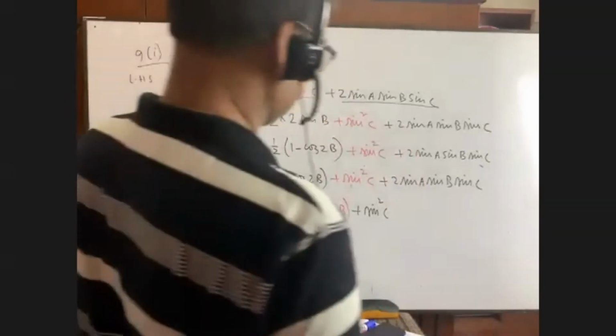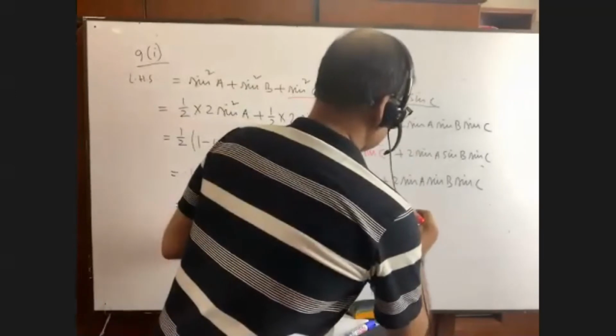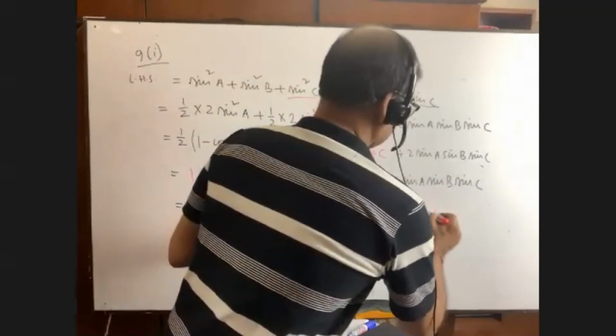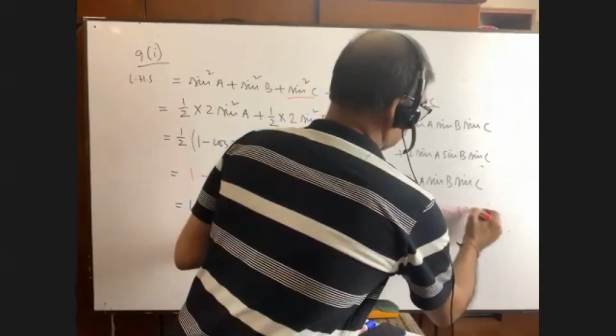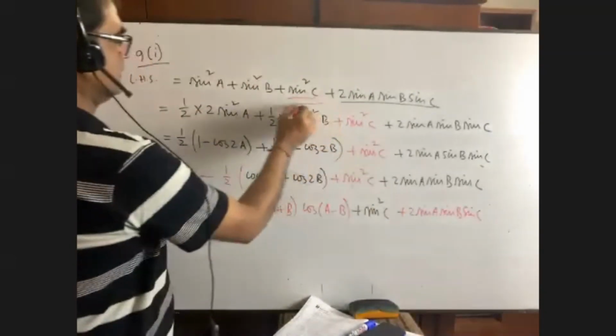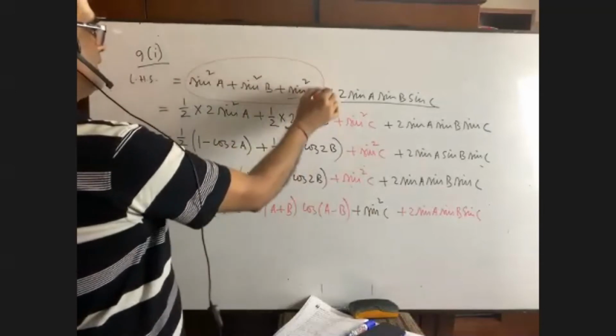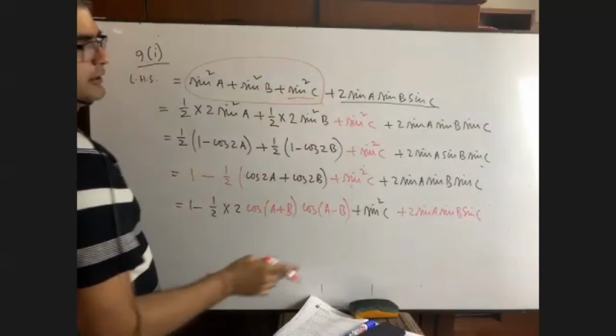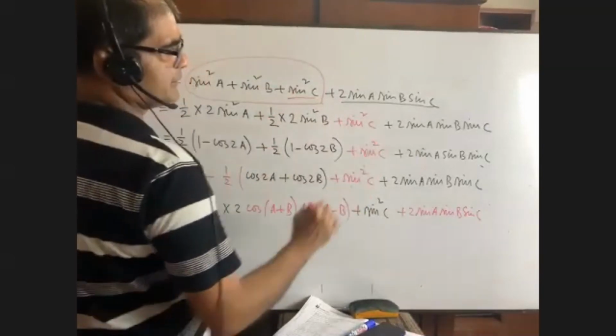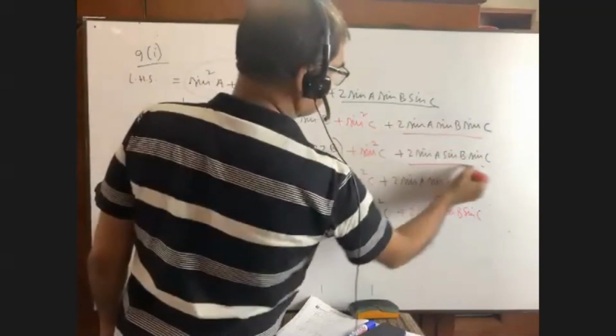And the last term is to be written. You know what other people do? They do this part only, and they are not compelled to write down this part again and again.